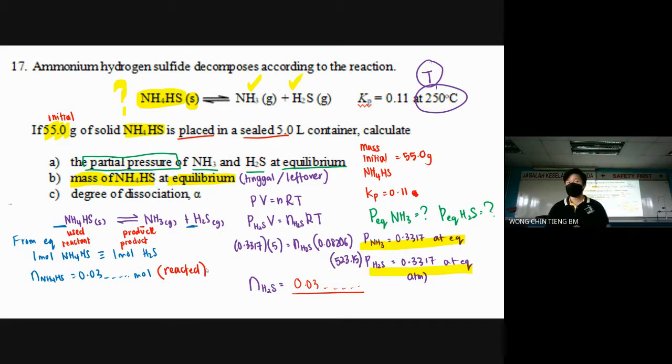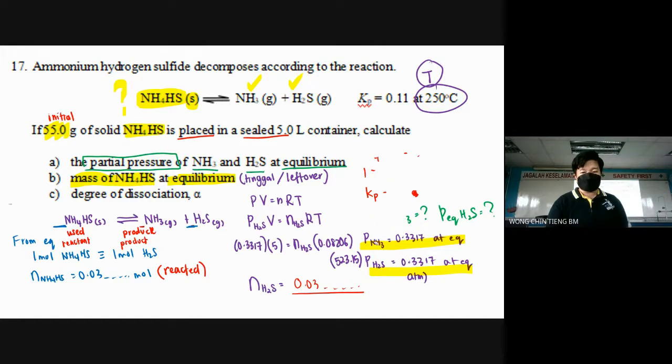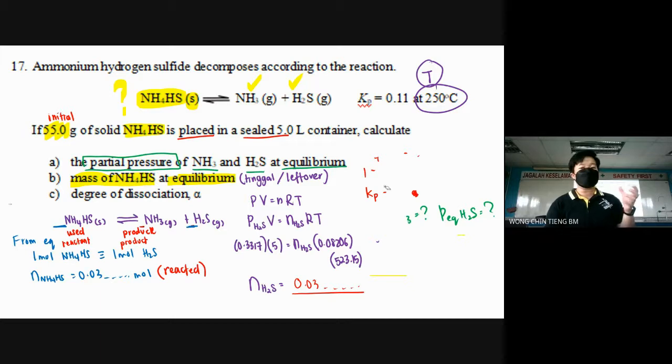Agree? Okay, so far. If you agree, then we move on a bit. If that is the number of mole that reacted and the question is asking for the mass at equilibrium, and I told you just now, the mass at equilibrium is the mass after the reaction.